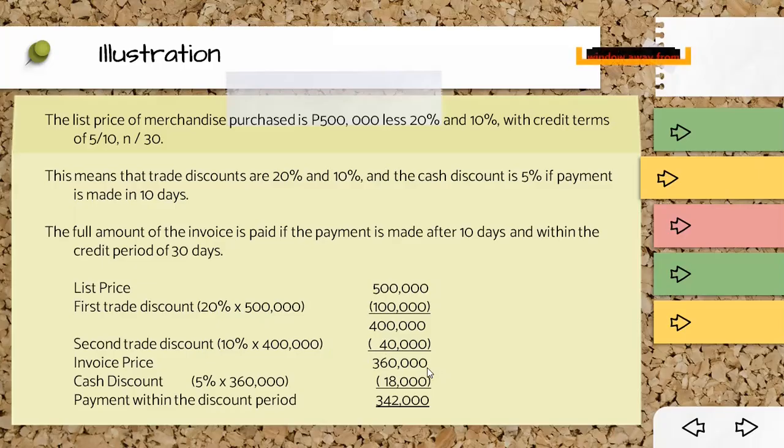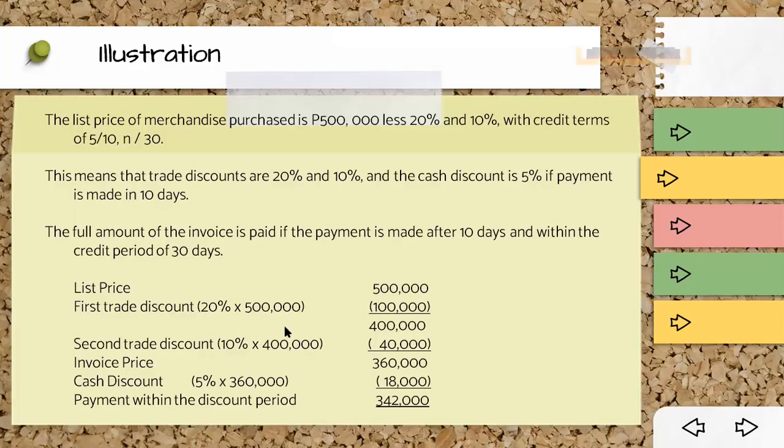Alternatively, you can compute for your invoice price by multiplying 500,000 directly by 80%. So you still get 400,000, and multiply 400,000 by 90%. Still you will get 360,000.